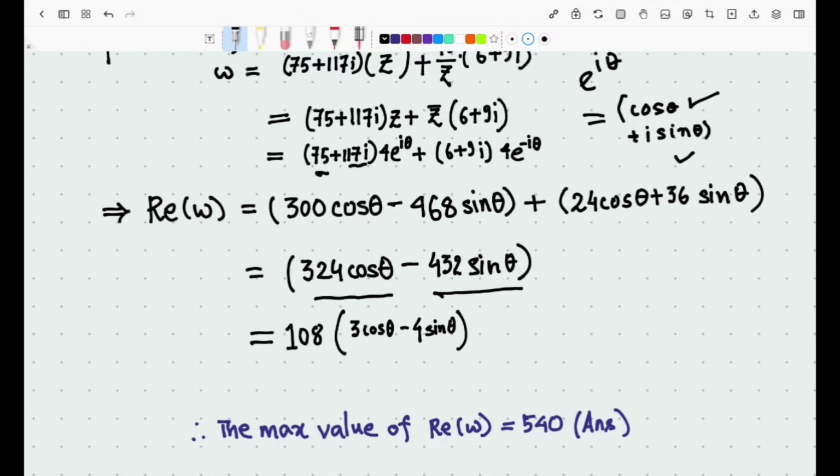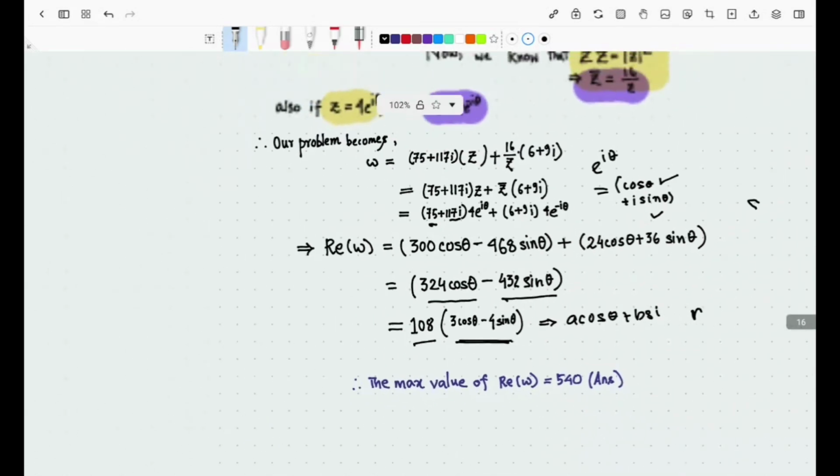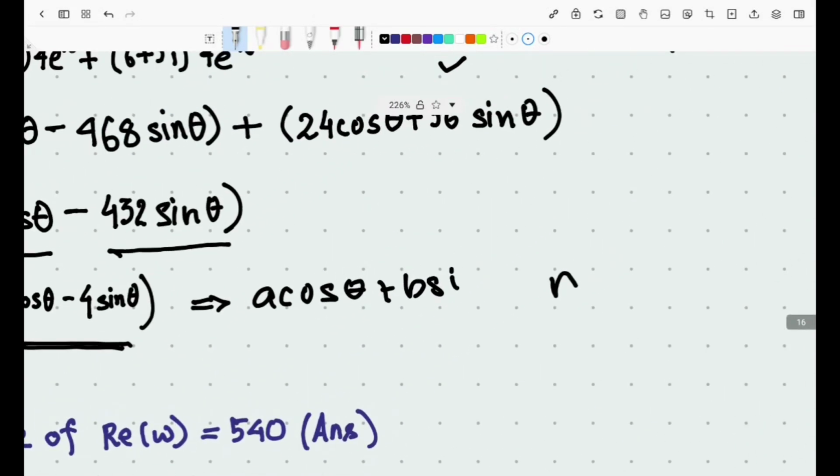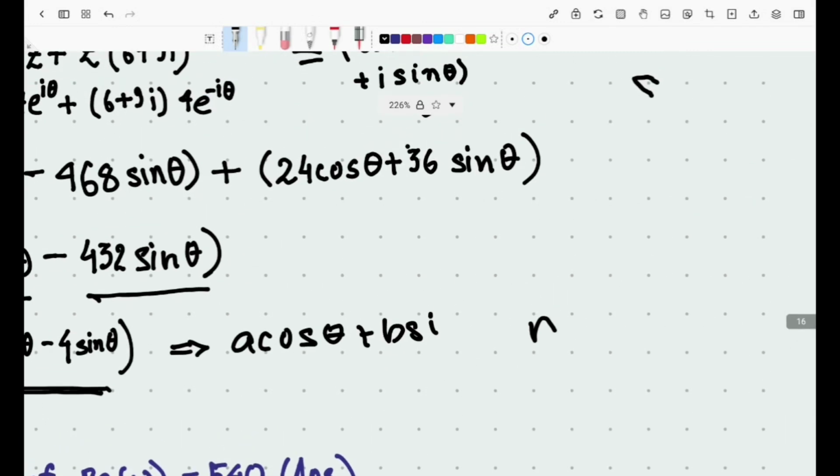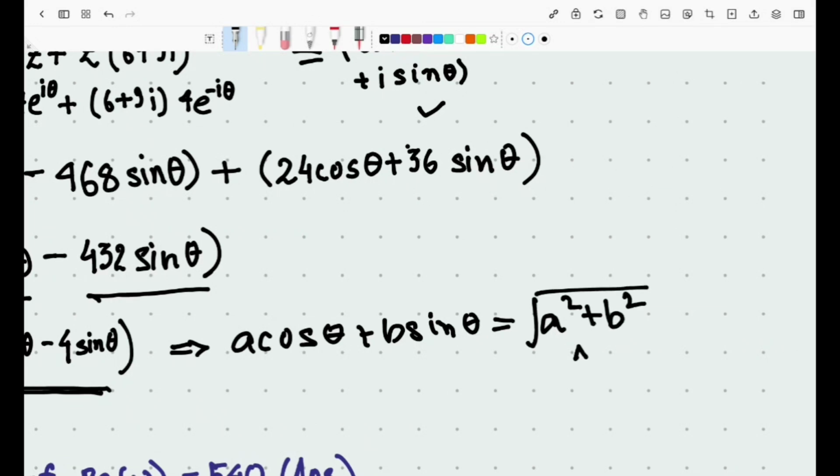Now you can again take out 108 common, and the expression becomes 3 cos theta minus 4 sine theta. Now obviously that is a cos theta plus b sine theta, and its maximum value is root over a squared plus b squared, right?